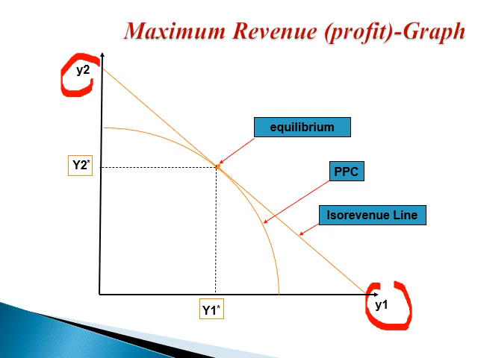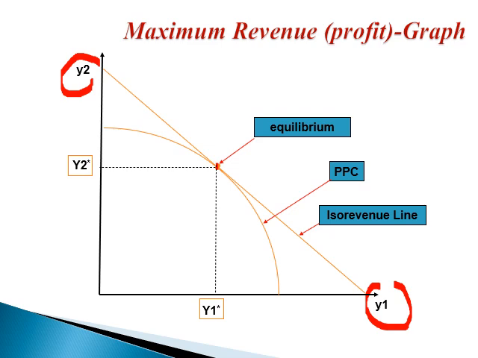At this point, if I produce Y1 star and Y2 star, I will maximize my revenue, because at this point of tangency, the slope of the production possibility curve, which is delta Y2 divided by delta Y1, is equal to the slope of the ISO revenue line, which is P of Y1 divided by P of Y2.